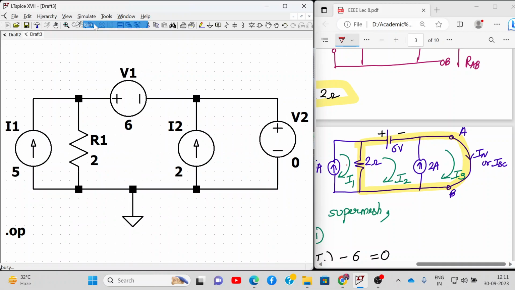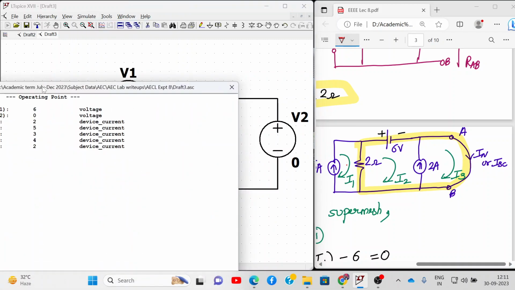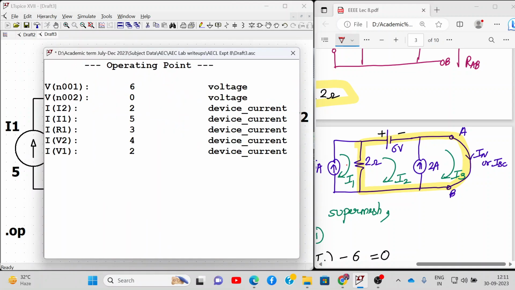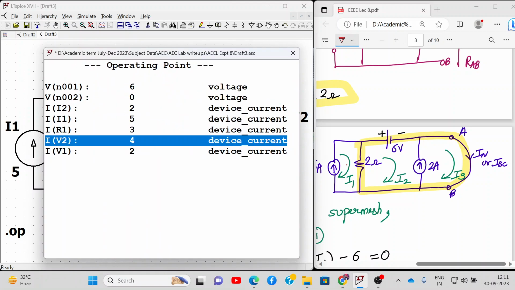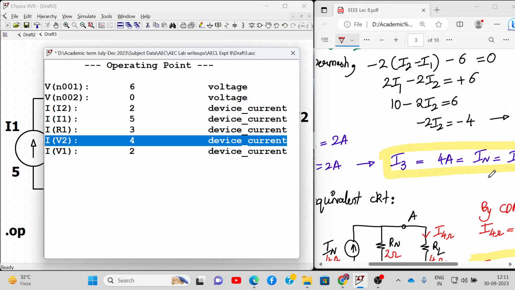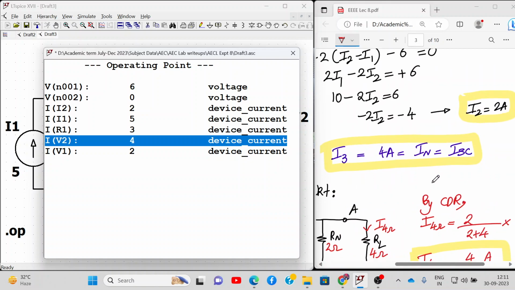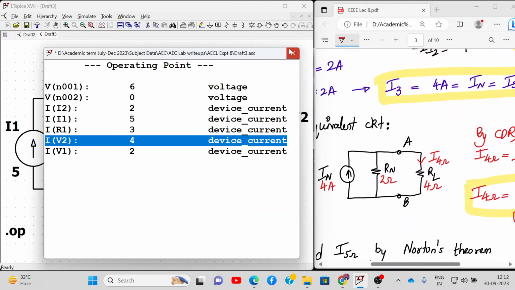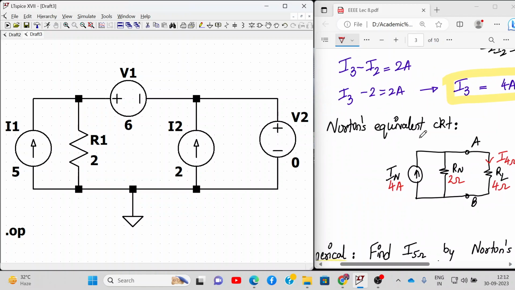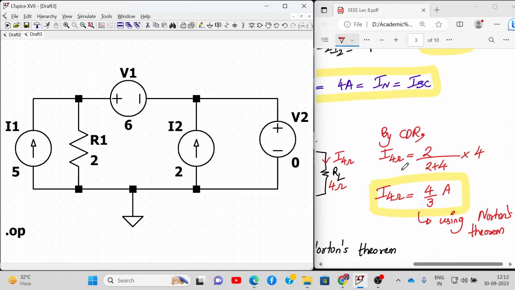So let me simulate. Okay, so the current flowing through V2 is 4 amperes. As you can see, the current flowing through V2 is 4 amperes, and that is what your ISC or Norton's current is. Alright, and we can easily make the Norton's equivalent circuit and easily find that the value of current flowing through 4 ohm will be 4 by 3 amperes.